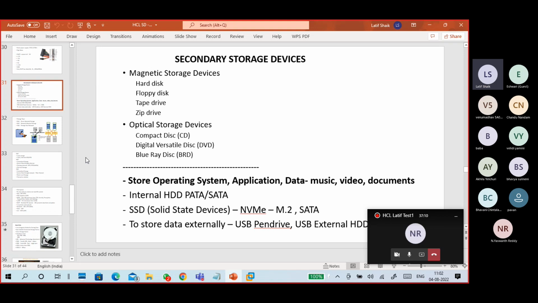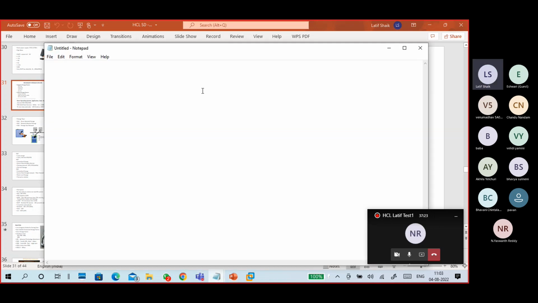Okay, so RAM and ROM. First of all, when it comes to storage, RAM and ROM are primary memories. Always remember, guys, RAM, random access memory, and ROM, read-only memory, are primary memories.